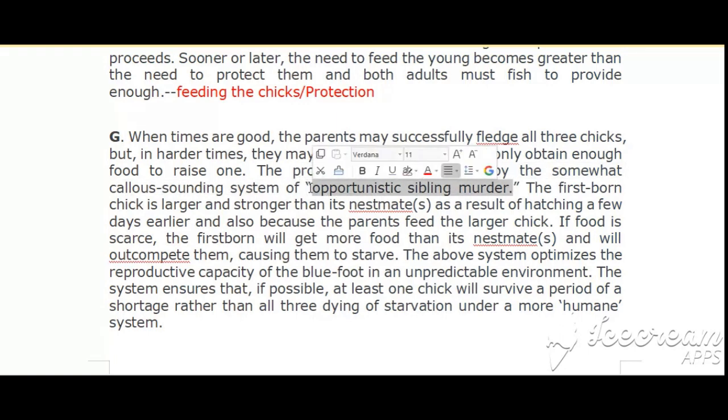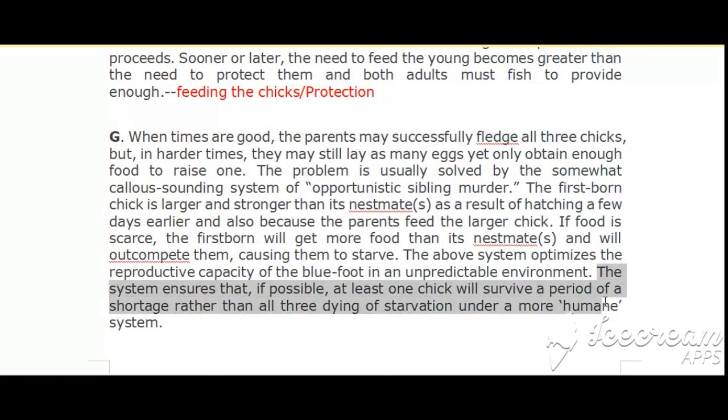The system ensures that if possible at least one chick will survive a period of shortage. So period of shortage, I think, survival in less food, because here is starvation also. Starvation means hungry. So people are hungry when there is less food.